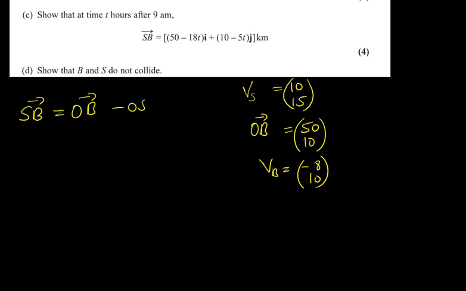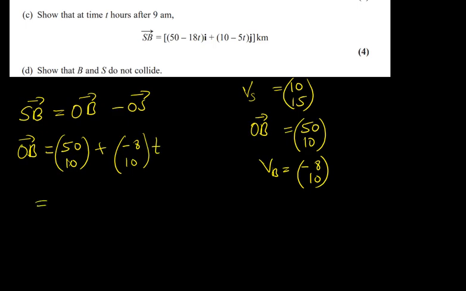OB t hours after 9 a.m. is the initial position of the boat, 50i plus 10j, plus the constant velocity times time, so that is -8, 10 multiplied by t. This gives us 50 minus 8t, then 10 plus 10t.